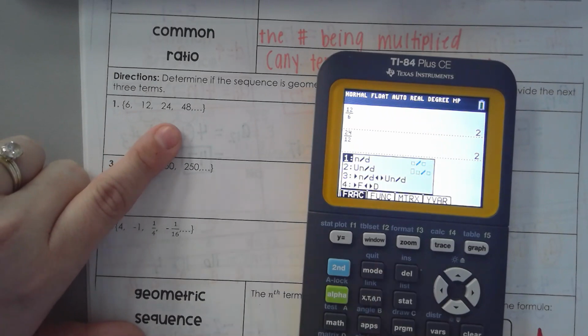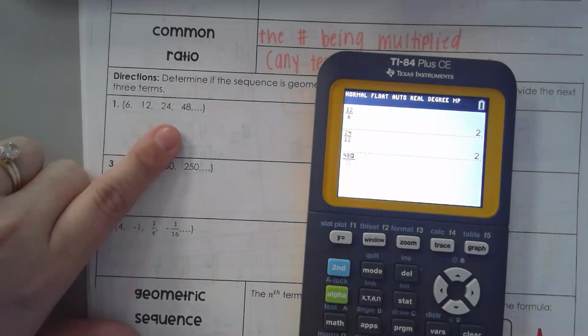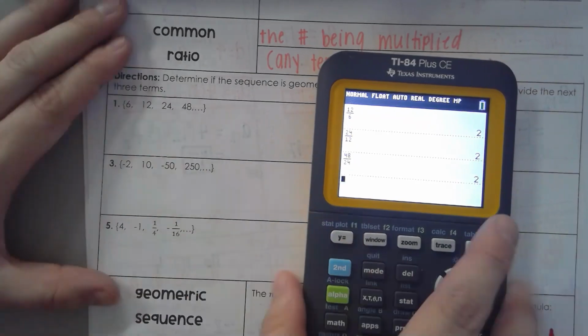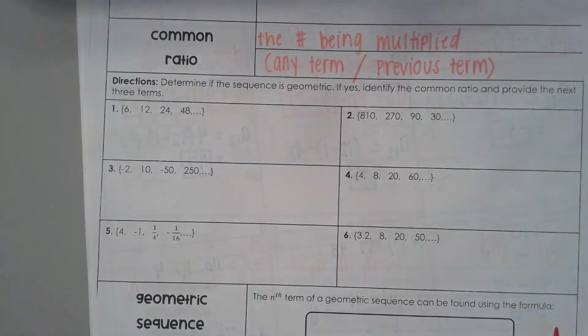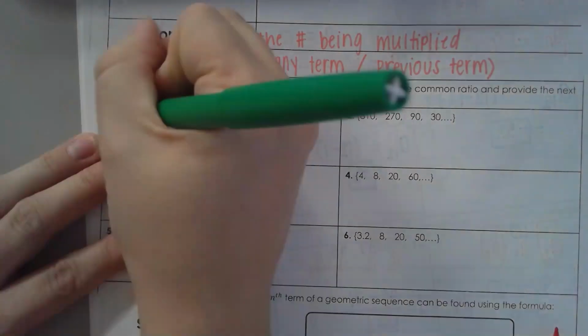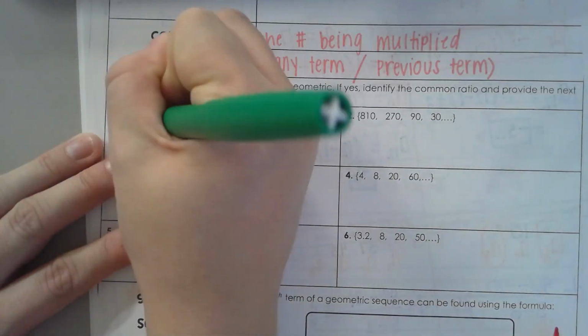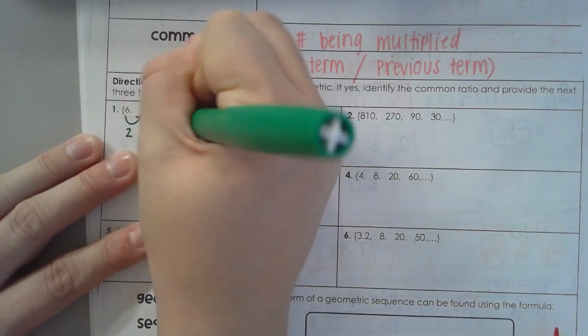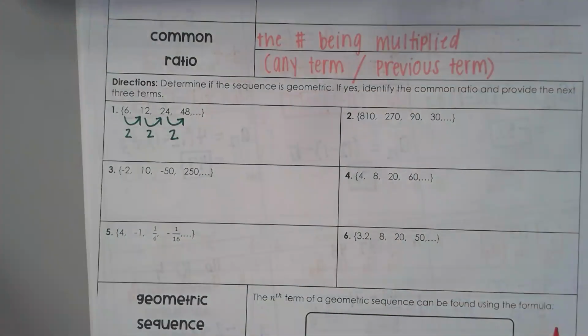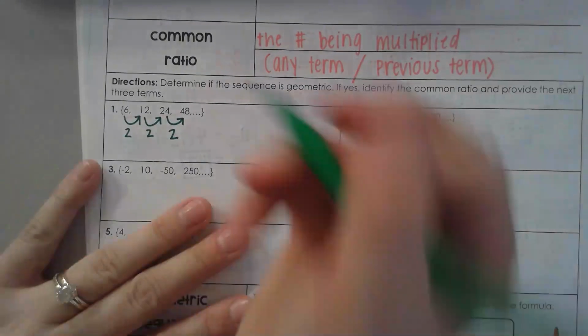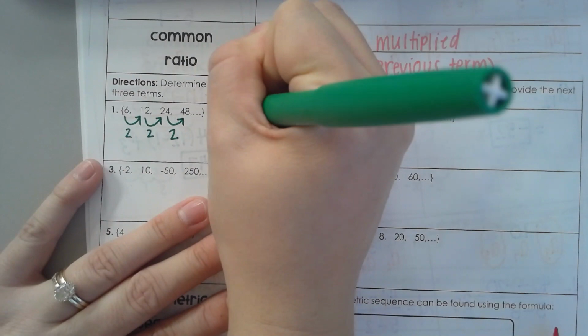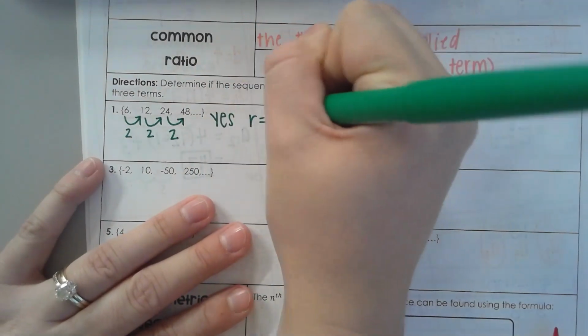I could do 48 over 24. 2. So that means that I am multiplying by 2. And that was the case all the way across. So if you multiply by the same thing every time, then yes, it is geometric, and the R is 2.